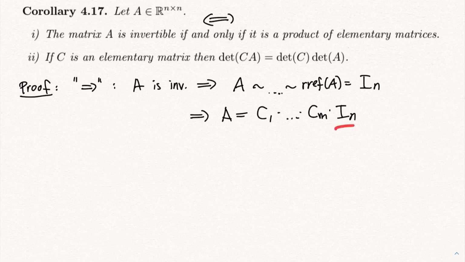Well, multiplying with the identity matrix doesn't change anything, so A is just a product of elementary matrices. Because we can go from the identity matrix to A by multiplying with elementary matrices. So this would do the row operations, but also the inverse is done by multiplying with elementary matrices. So these C_1 up to C_m are elementary matrices.